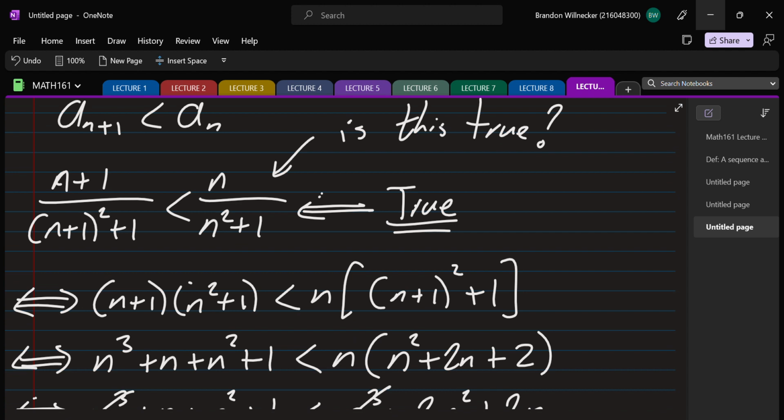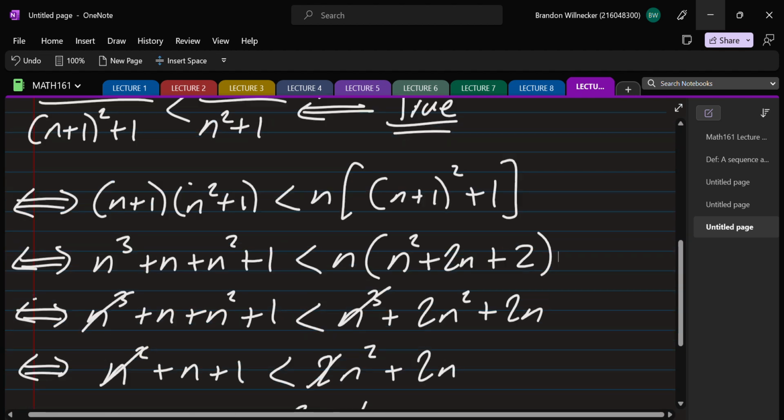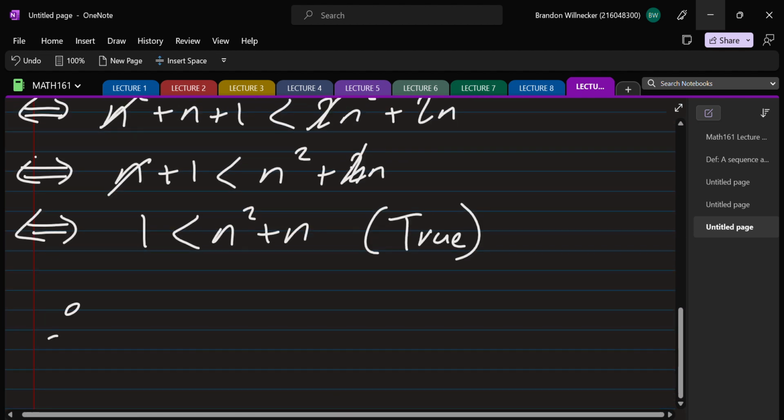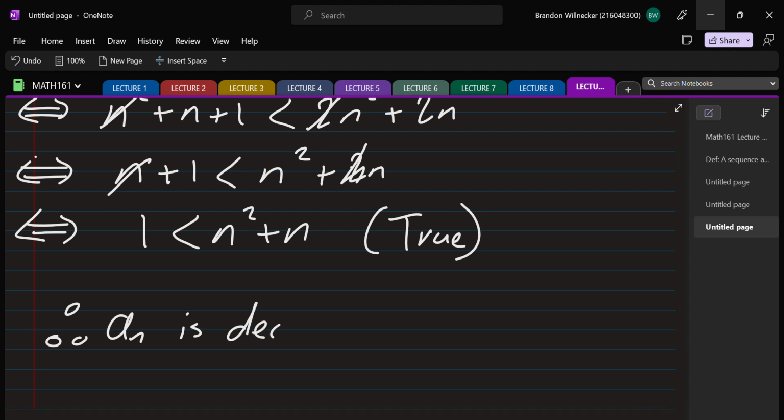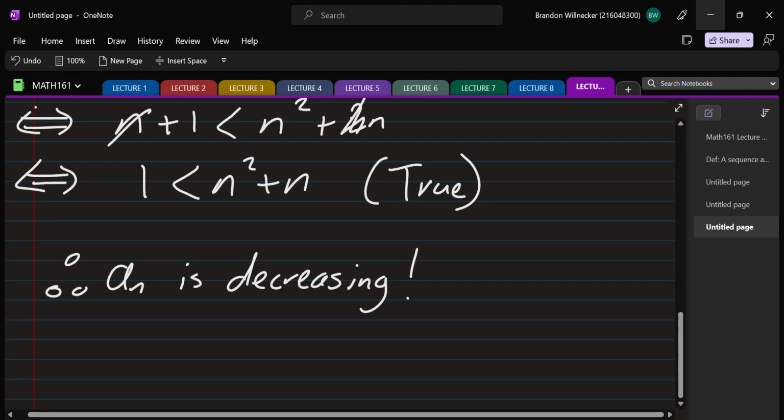Okay, so it doesn't matter which way it goes, we can still determine if it's increasing or decreasing. Okay, but we know that this is decreasing. Okay, so that is the first part of our theorem that we need to go through.